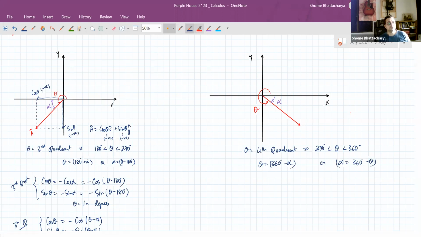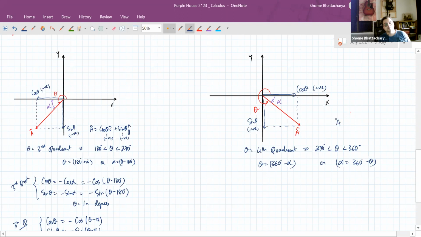So now when I express my unit vector in component form, you can see that this time the x component, which is cos theta, is positive, whereas the y component, which is sin theta, is negative.